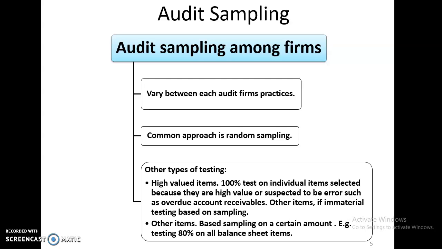In comparison to a multinational company or hypermarket which sells thousands of items per day, it is impossible for us to actually vouch all the payment vouchers or all the receipts or the copies of the invoices. So for that reason, sampling is economical and makes our auditing process much easier actually.